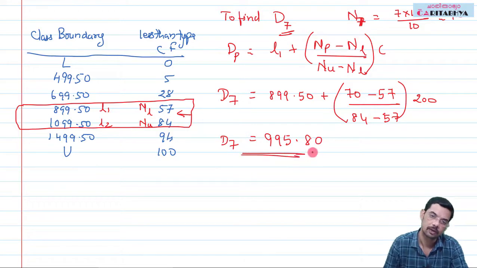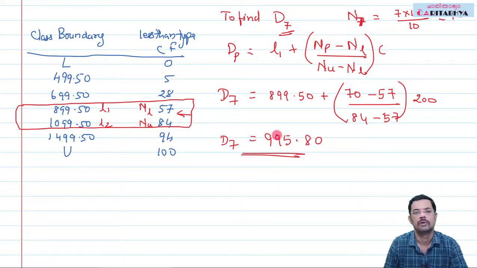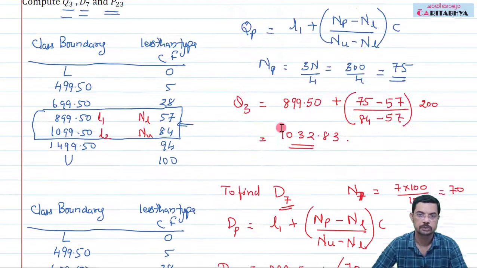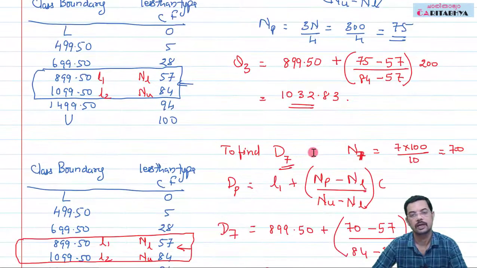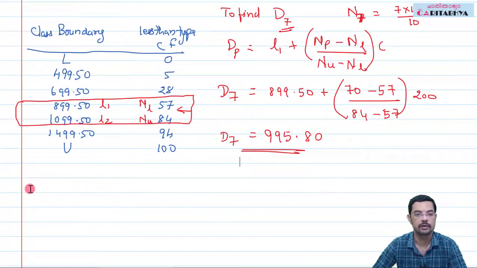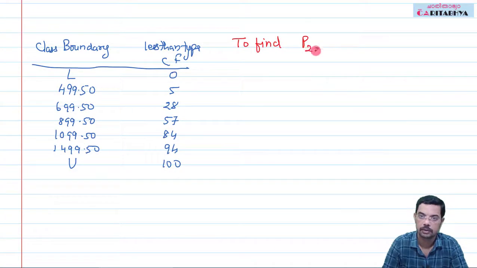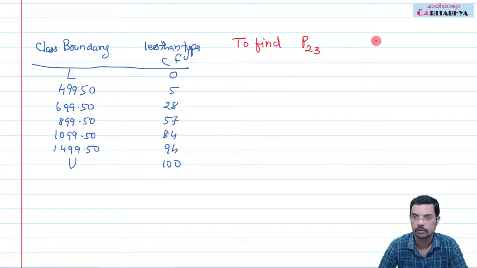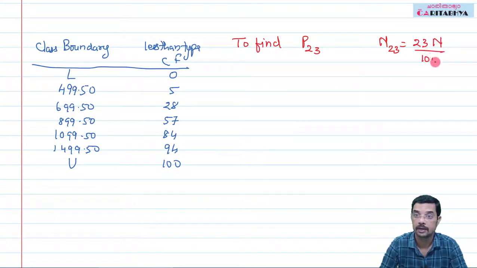995.80 rupees. Okay, same way we can go for the percentile. We need to find the 23rd percentile, P23. First of all, we find N23. That will be equal to 23 into N divided by 100, because we are dealing with percentiles.